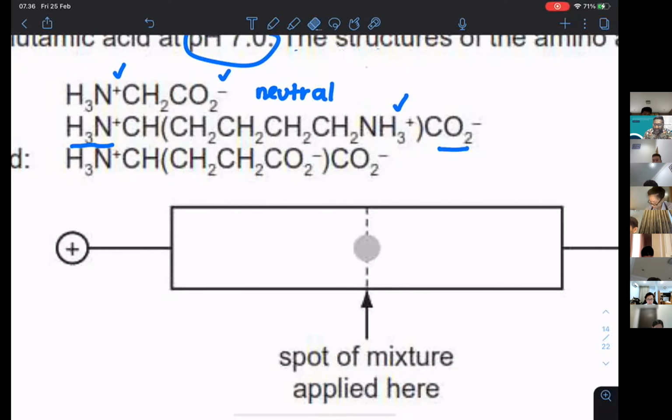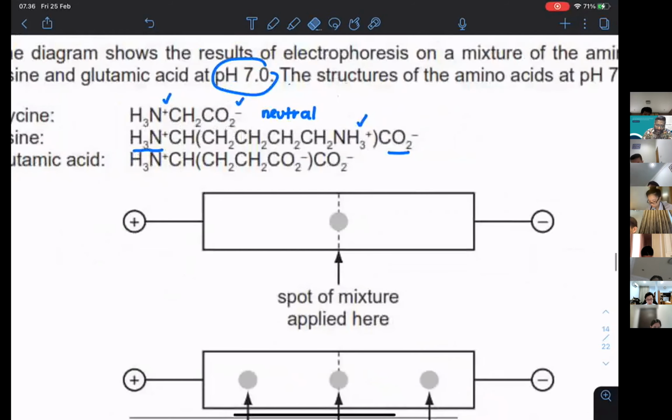The moment you see NH2 over there, it is going to behave as a base. So if this amino acid is a base, the buffer solution must be either acid or pH 7.